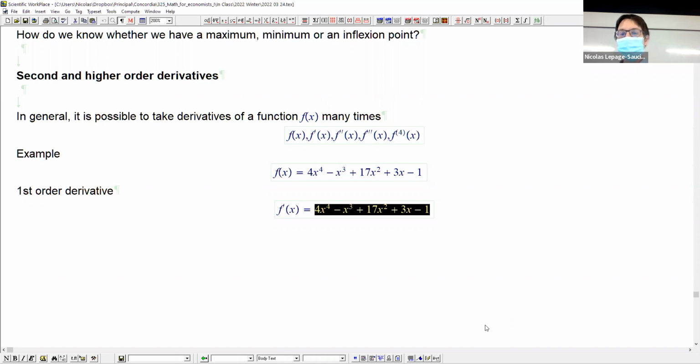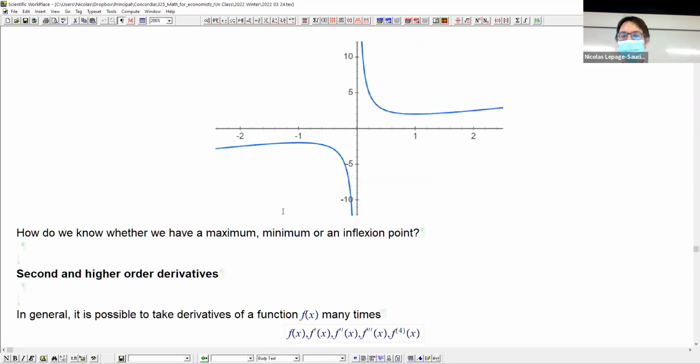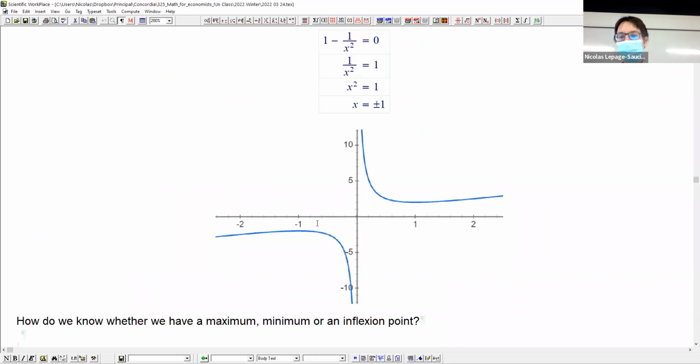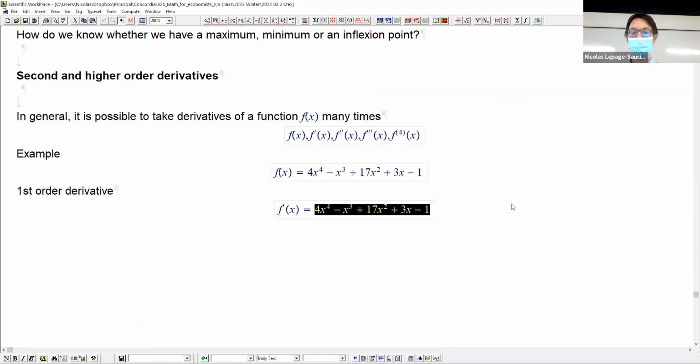So how many terms do I have in the first derivative? Yes, 4. And what is the intuition there? Well, if I'm interested in the slope of some function, then whether that function is here on the y-axis or a bit higher, it doesn't matter. The slope doesn't change. So the constant term is always going to disappear.